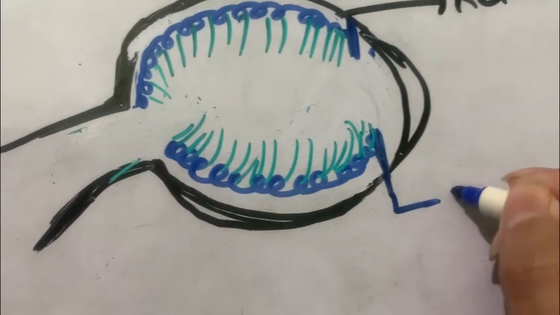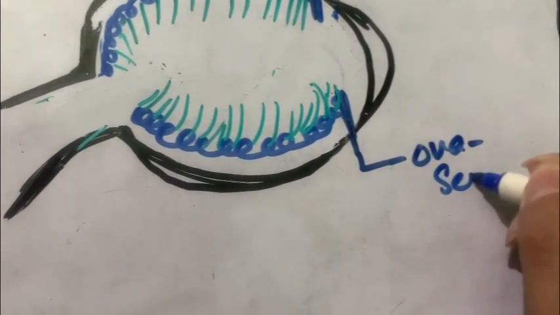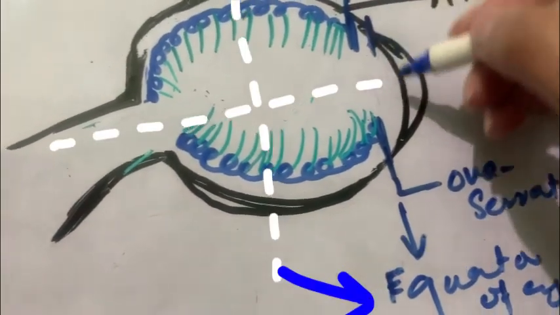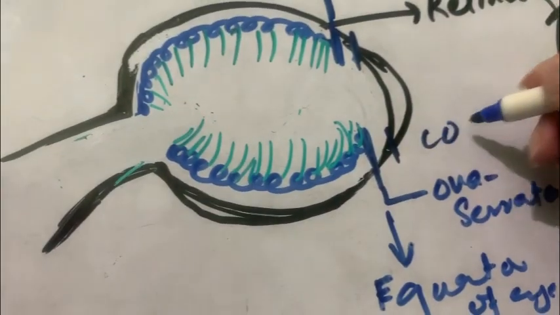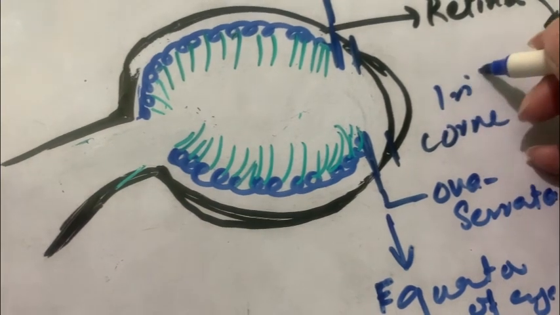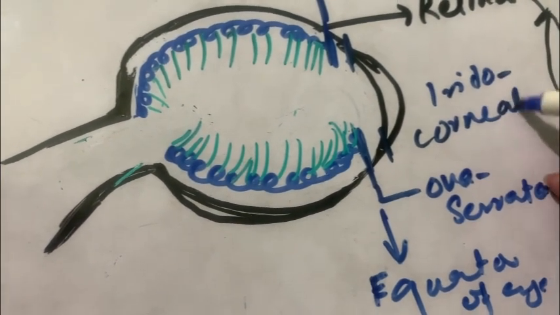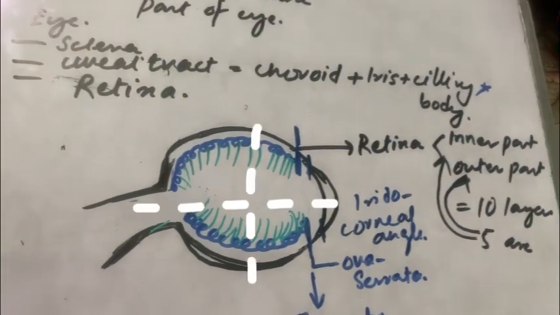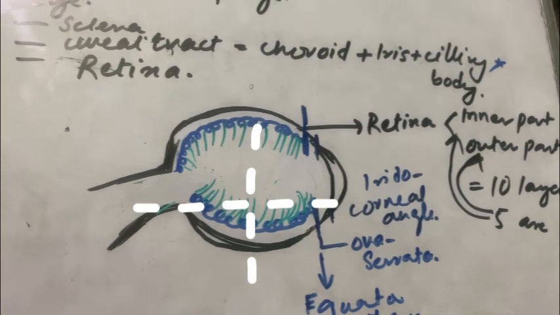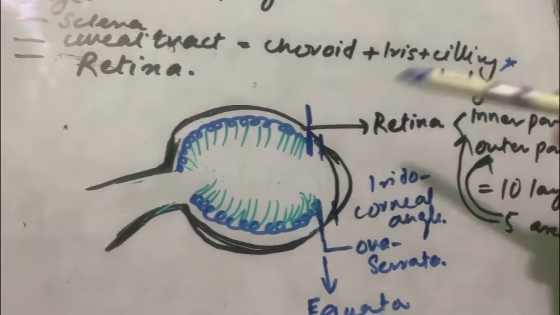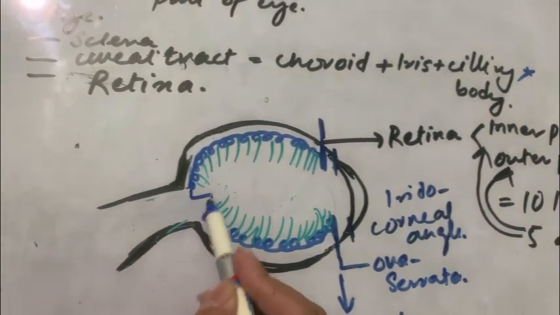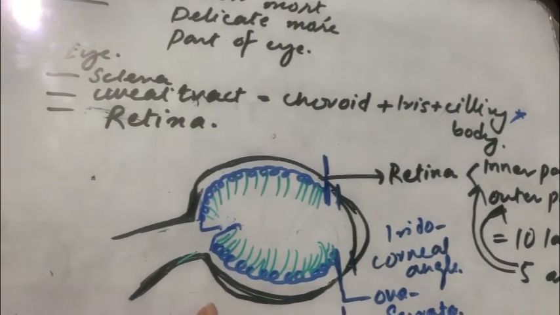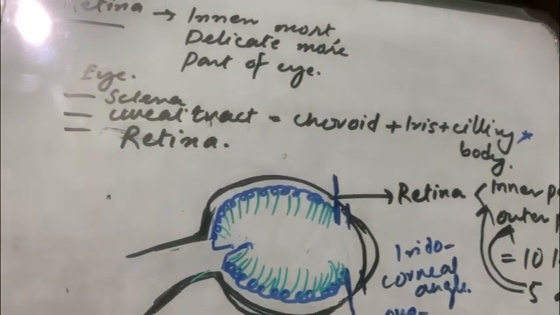This point is called ora serrata and iridocorneal angle. Okay, so up to now we come to know about the basic anatomy of the eye and the two parts of retina. We will briefly discuss it further.